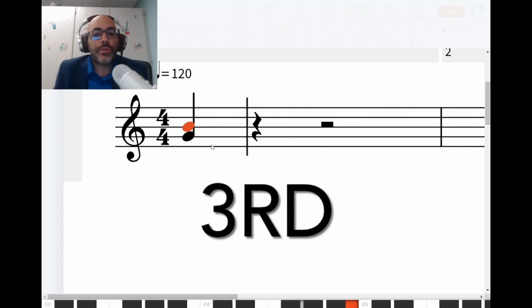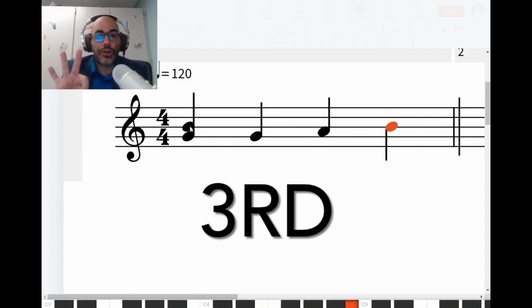So this is a third, okay, because you're technically going from G to A to B, and if you count all of those, 1, 2, 3, that's a third, but they're stacked because you play them at the same time. So 1 would be the G, 2 would be this A that's missing here, and 3 is the B. So that's a third because it's 3 away. G, A, B, third, okay?